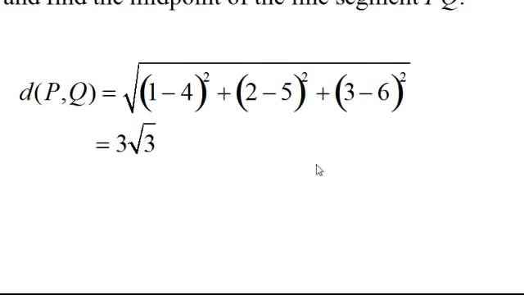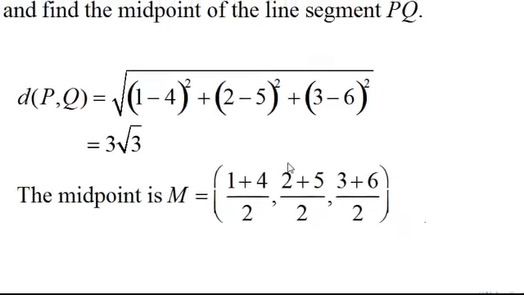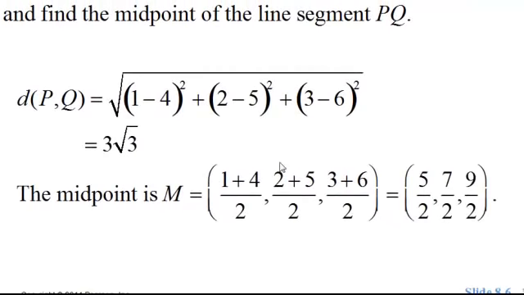To find the midpoint, it's (1 plus 4) divided by 2, (2 plus 5) divided by 2, and (3 plus 6) divided by 2. Adding the fractions, we get 5 halves, 7 halves, and 9 halves.